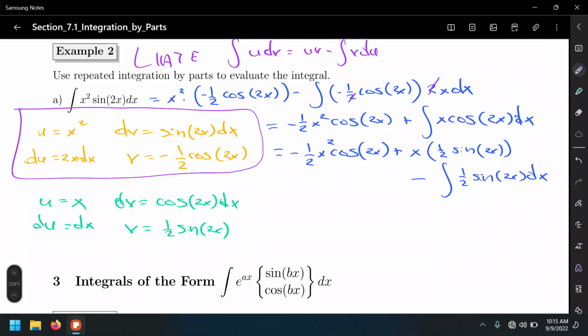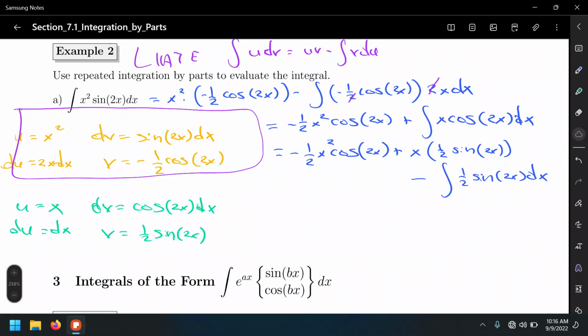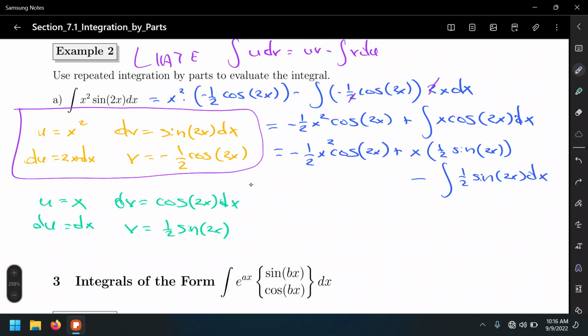So, well, let's simplify this. There's really not that much to simplify, by the way. Anyway, so this will be negative 1/2 x squared cosine 2x plus 1/2 x sine 2x minus 1/2 integral of sine 2x dx.